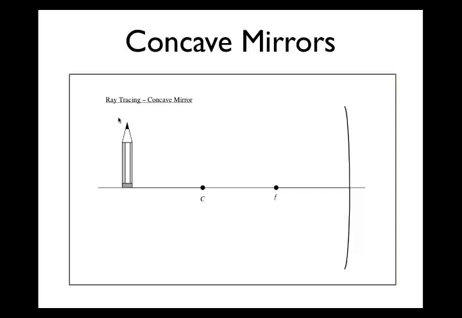Well, you do not have to do this, but you can cut your work in half by putting one edge of the object that you're doing the ray tracing for on the principal axis. What does this do? Well, any rays that I would draw from the eraser end of this pencil would just all pass along the principal axis and converge at some location along the principal axis. So I already know that the location of the image of the eraser is going to lie on the principal axis.